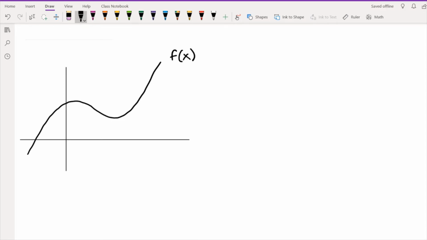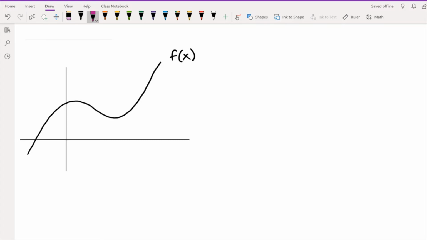So there's two different types of lines that we're going to use to measure rates of change for nonlinear functions. The first one is what's called a secant line. And this is something that you should have seen in your pre-calculus 1 class.